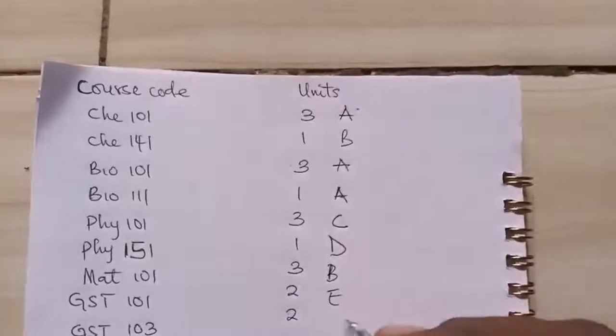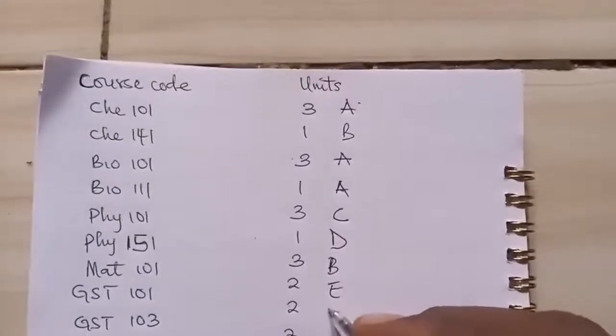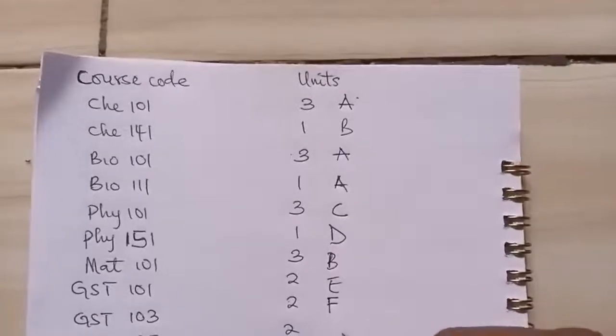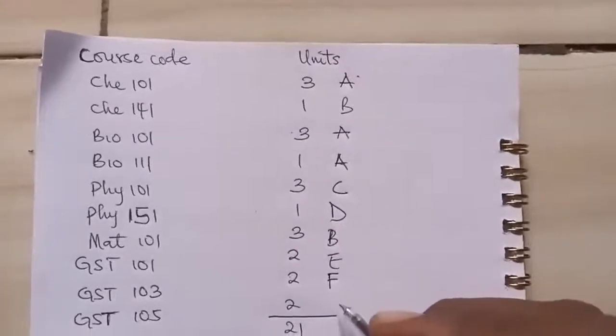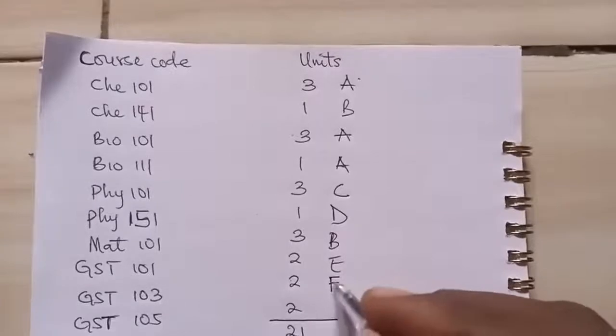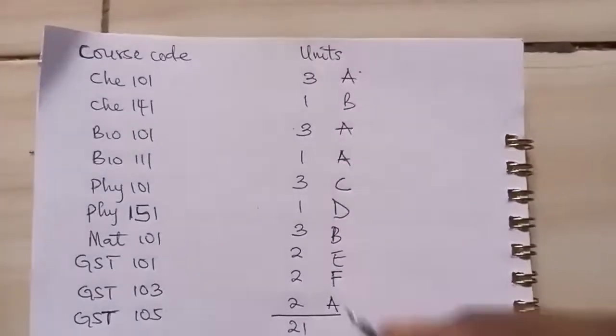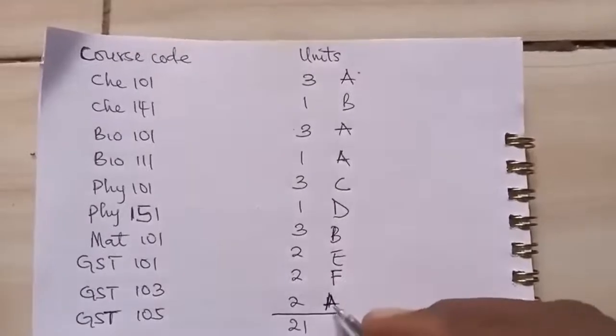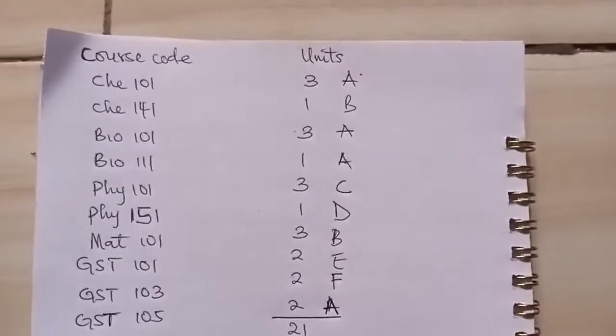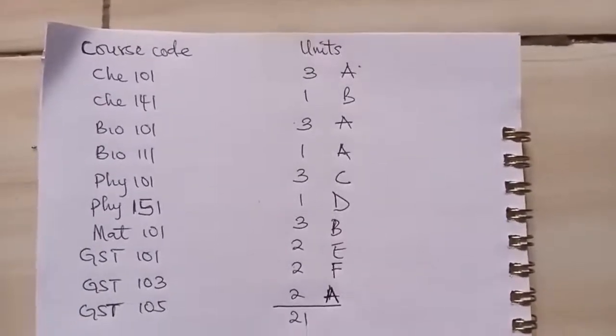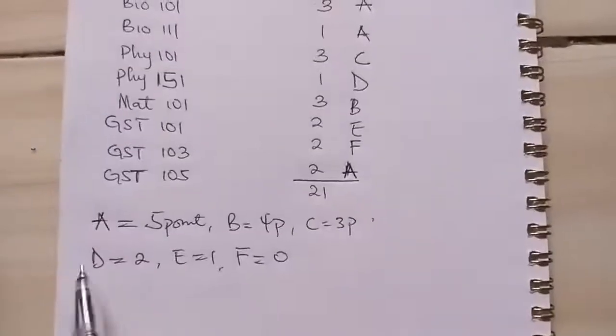Let's say another person, not the person watching me now, owns this one, and the person watching me owns this one. So let's see how you can calculate with this.